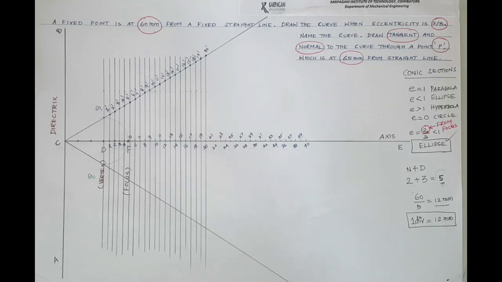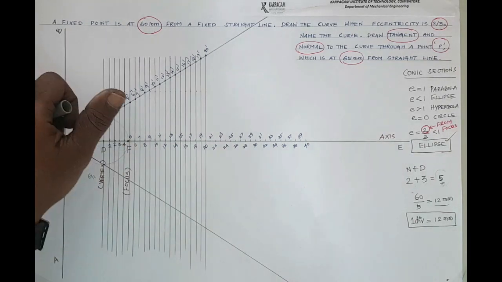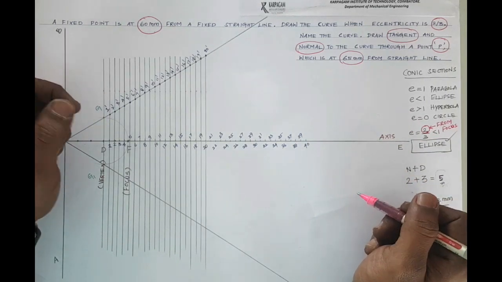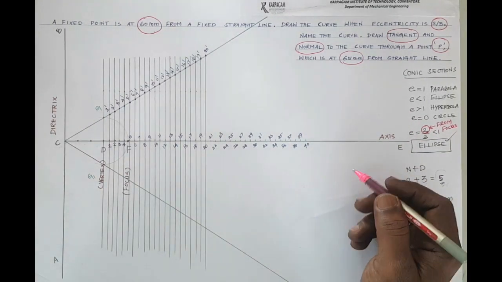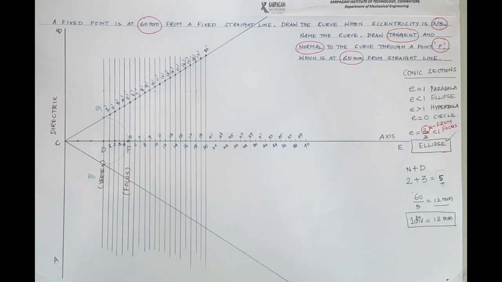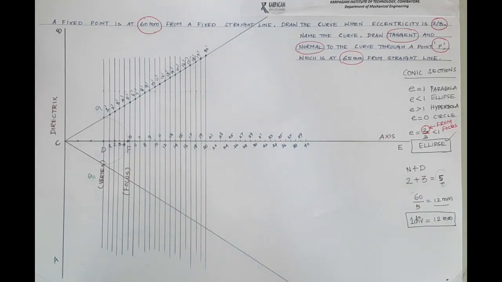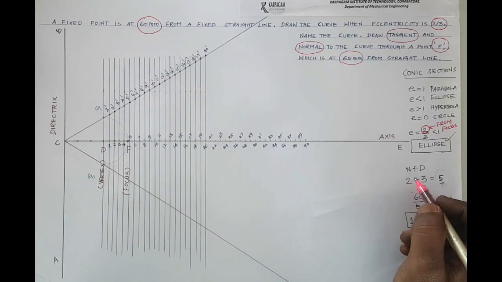The next, it's very important. I will tell a clue for easily completing the plane curves. That means for drawing parabola, ellipse, hyperbola. A simple clue is that it's very simple.